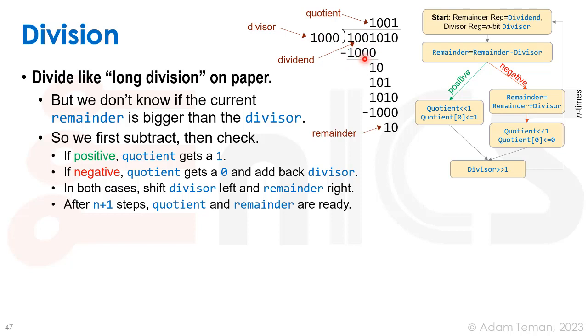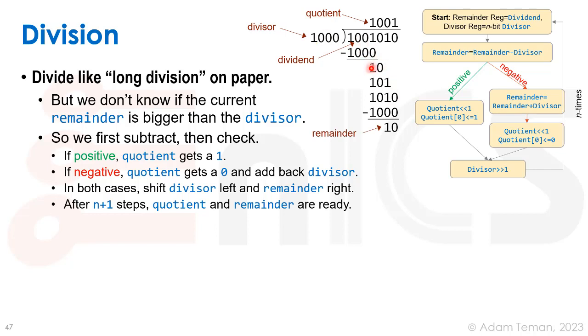And if we get a positive number over here, then great. The quotient gets a 1, and we subtract these two, and we're good, and we again try to divide the remainder that we have over here. If we get a negative result, what we have to do is not only put a 0 on the quotient, but we have to add back the divisor to what we had over here.